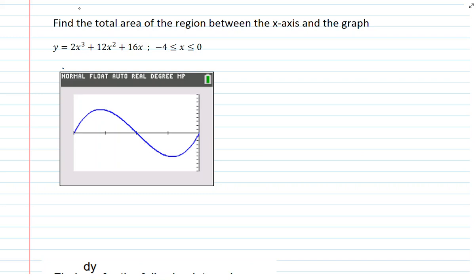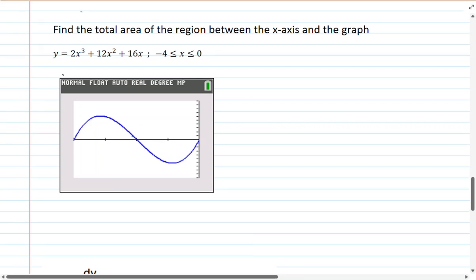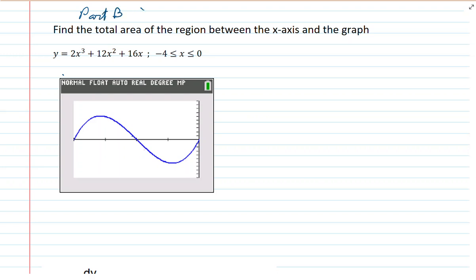Let's begin part B, if I can get my pen working, of the lesson on section 5.4. And it's on the fundamental theorem of calculus.